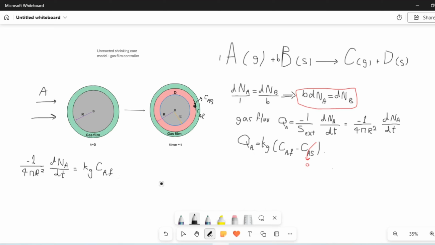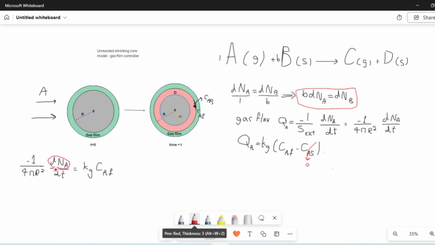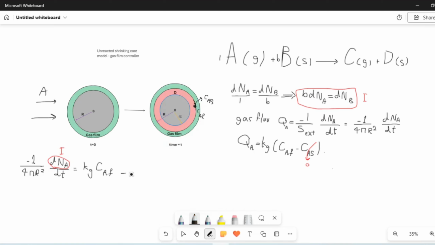Now to analyze the change in the solid particle, we use the relationship we highlighted earlier and substitute dNA with dNB. So we can rewrite this here.